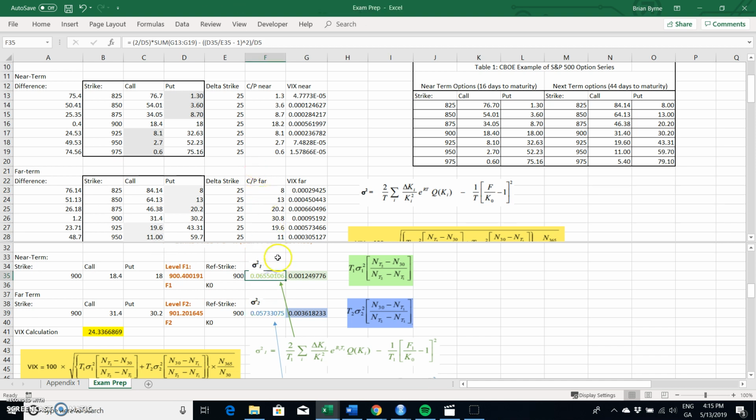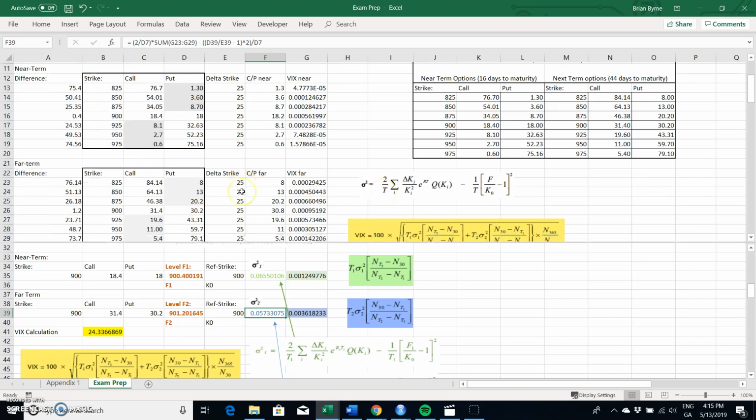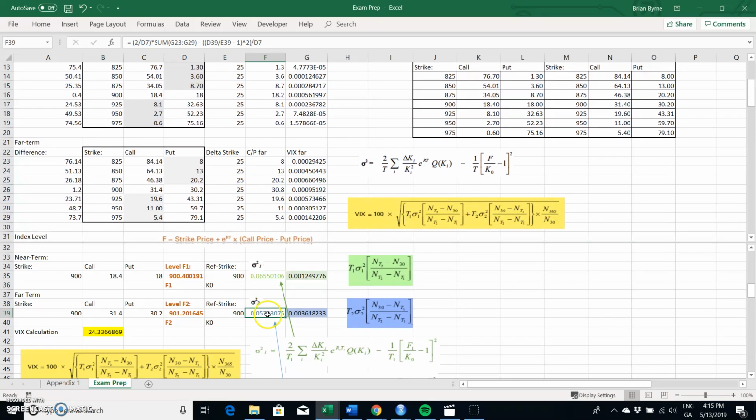In terms of estimating this, we have to go below and re-estimate another variance, but for the longer dated, far term option chain data, and we're using the same identity again.